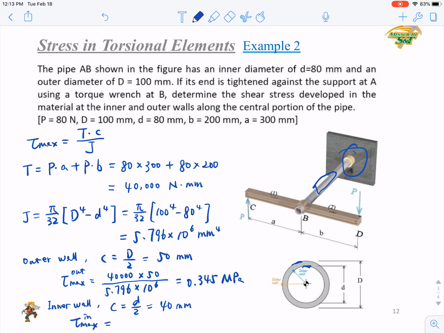So this one equals 40,000 times 40 over the same J, 5.796 times 10 to the 6. So this will be 0.276 MPa. So that's it.